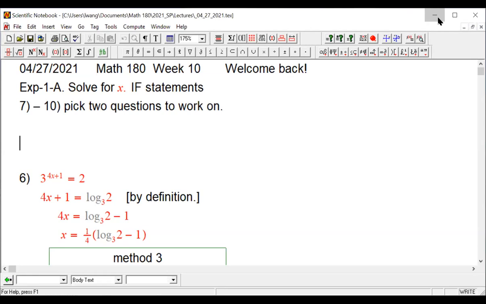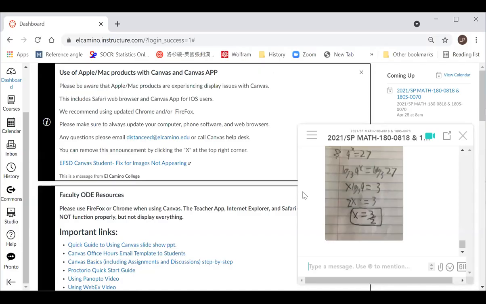So here I can start looking from. All right, let's see. This is the work done by Bailey. You guys see that?